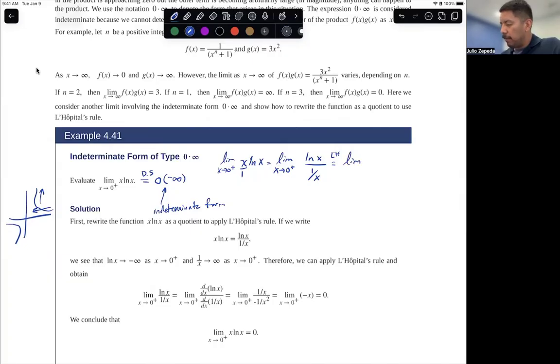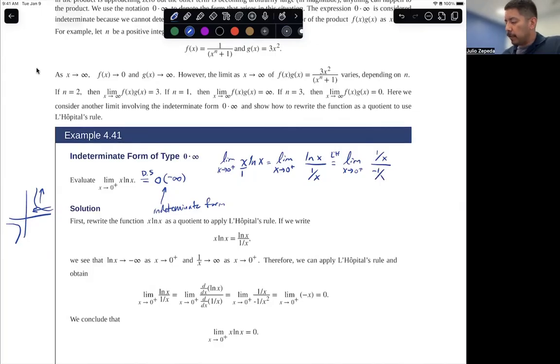So let me write my limit first. The derivative of the top is 1 over x. The derivative of 1 over x, we did that one earlier, is negative 1 over x squared. And so now that we've taken our derivatives, we can try to simplify this.